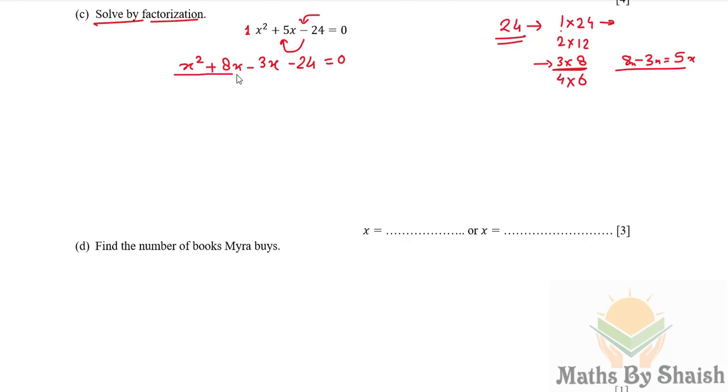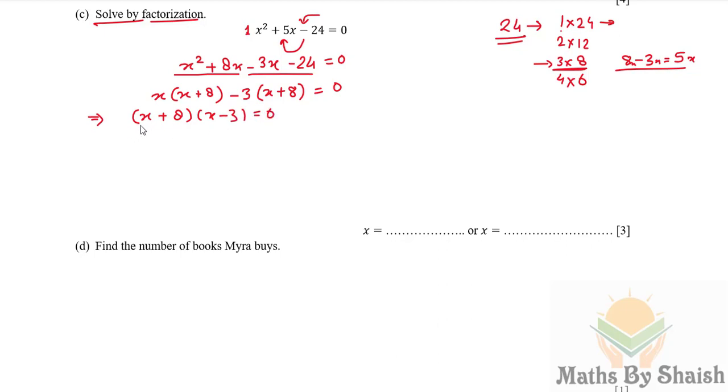For the first two and the last two terms, from the first two terms we have x common, so it is x plus 8. In the next two terms we have minus 3 common, so again x plus 8, 3 eights are 24, so plus 8 equals 0. In factorized form we can write x plus 8 into x minus 3 equals 0.